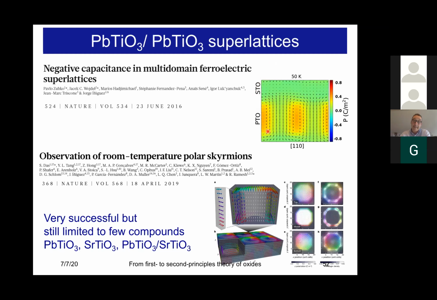Or is it better for the system to stay fully polarized, but by developing domains, knowing that there is also an energy cost associated to the domain walls? It's really different energy contributions that will balance each other, and depending on the relative value of the different terms, you will favor one configuration with respect to the other.